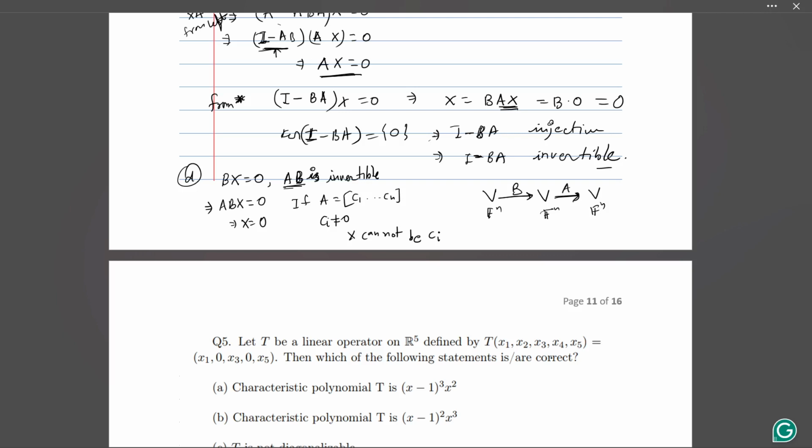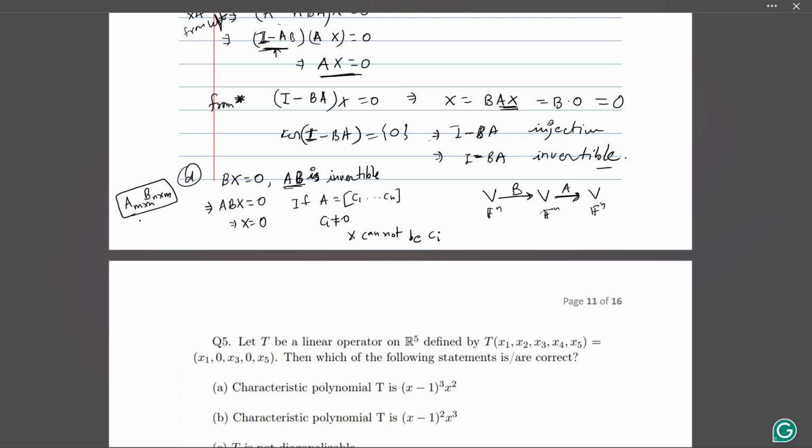This will fail in some particular cases when the orders are like this: A is M cross N, B is N cross M, and AB is invertible. Then I'm not saying A is invertible and B is invertible.